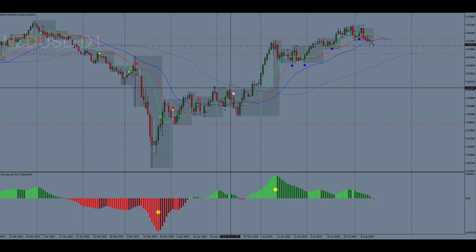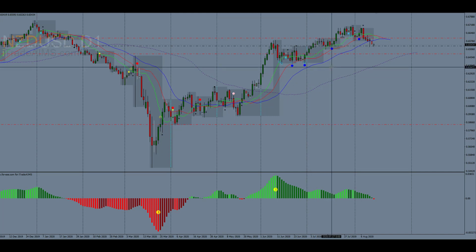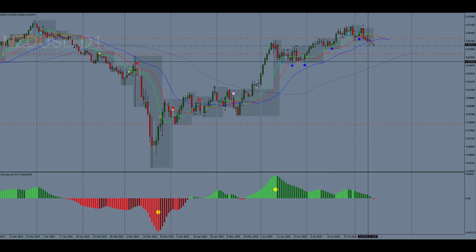Anyway, after consolidating between April and May, it broke out, then it consolidated again during June, and much of July was also a consolidation until this break over here. We have kind of a reversal trade on this, based on this seed.